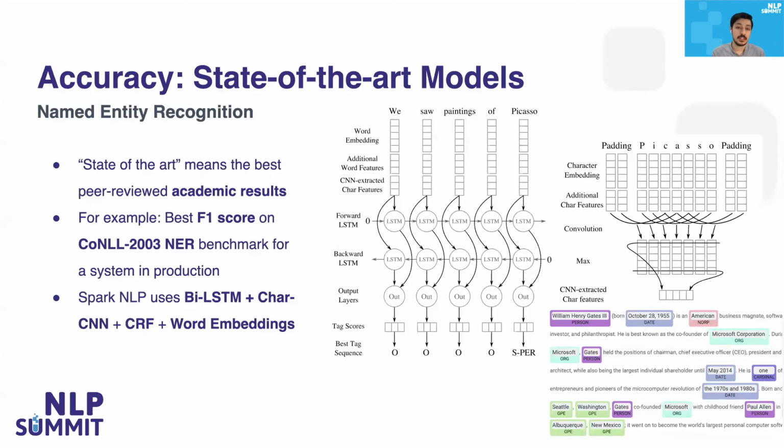When we talk about state-of-the-art, it means the best peer-reviewed academic results. For instance, the highest F1 score on the CoNLL 2003 dataset for the named entity recognition task. We have implemented bidirectional LSTM, Char CNN, CRF, and word embeddings for transfer learning in our own named entity recognition task.